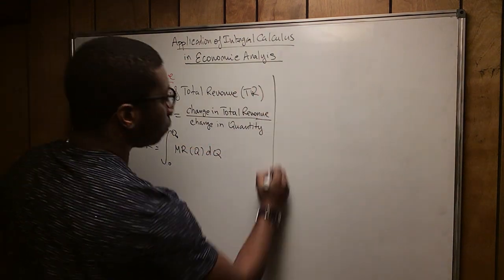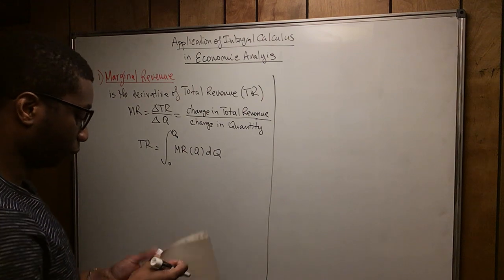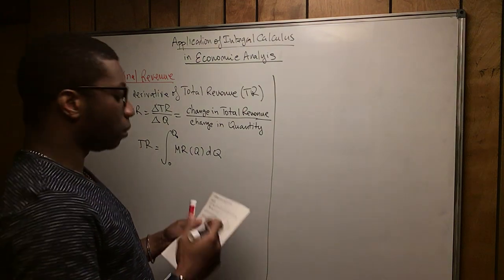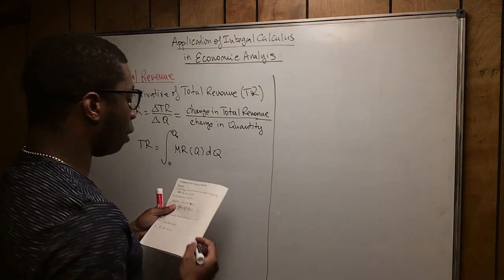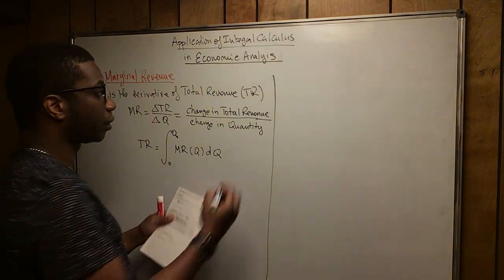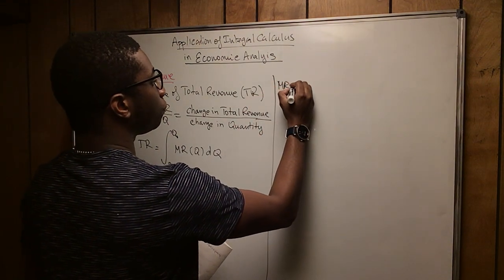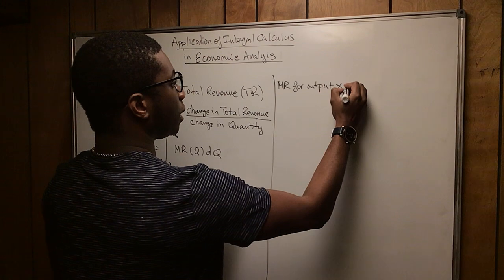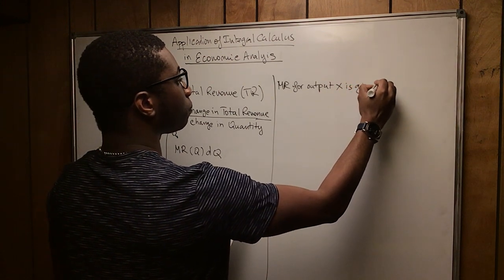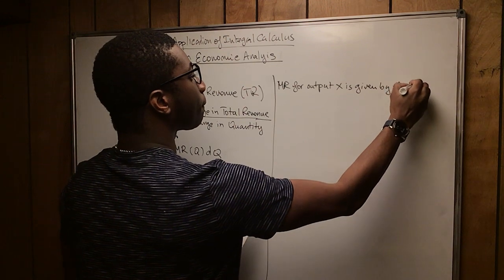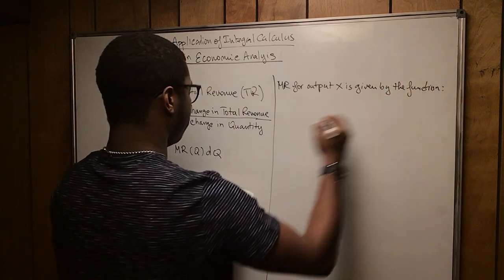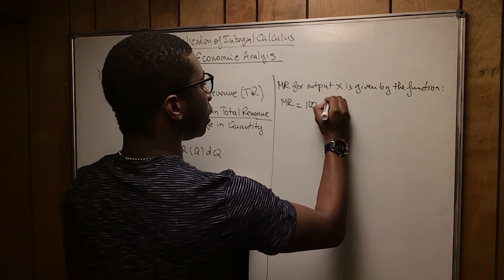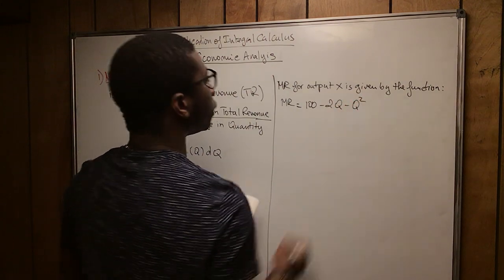I'm going to move a little bit here so you will see. Let us say that the marginal revenue for output X is given by the function MR equals 100 minus 2Q minus Q squared.